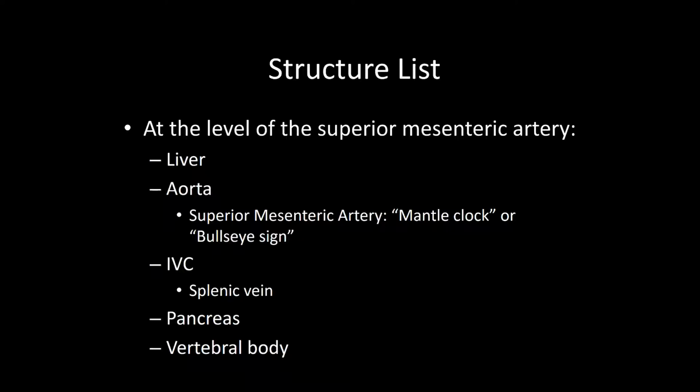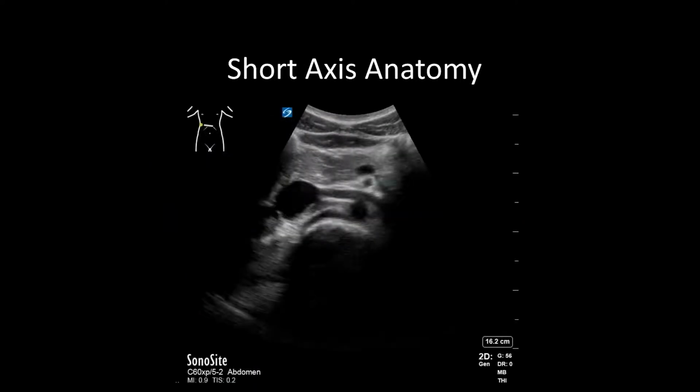Next, we'll sweep down to the superior mesenteric artery. There's lots of anatomy at this level. The SMA will come off as a bullseye just anterior to the abdominal aorta. At this level, we'll be able to see potentially the left and right renal arteries branching off of the abdominal aorta.